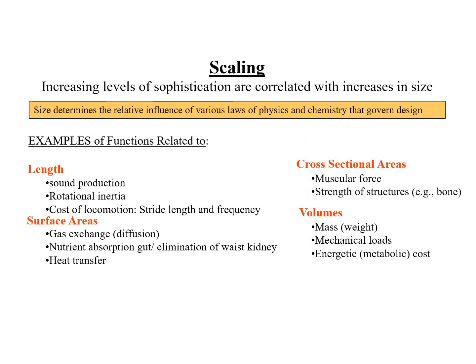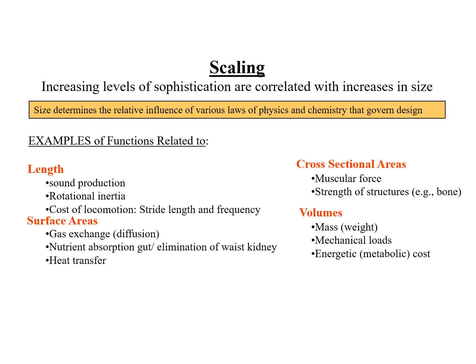This slide illustrates a few examples of how different processes are related to different dimensions. Some processes scale with length, for example cost of transport; limb length is directly correlated with cost of transport. Other processes, such as gas exchange in the lung or nutrient uptake in the gut, depend on surface area.